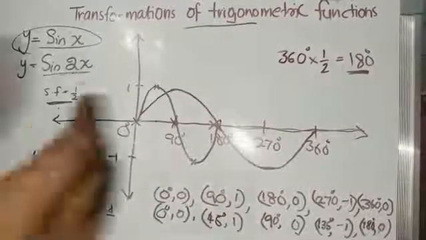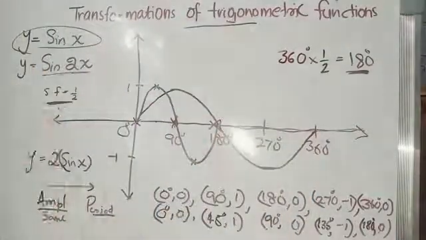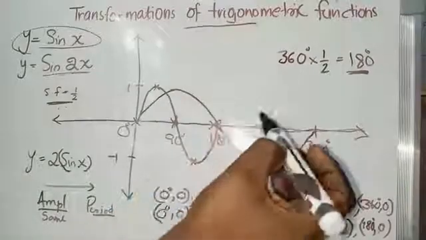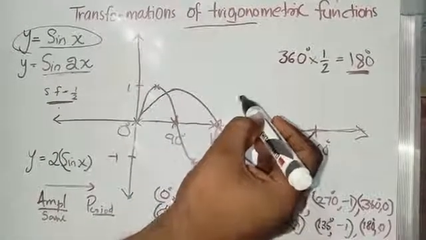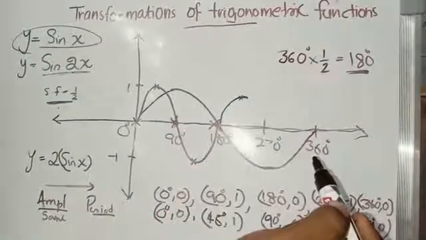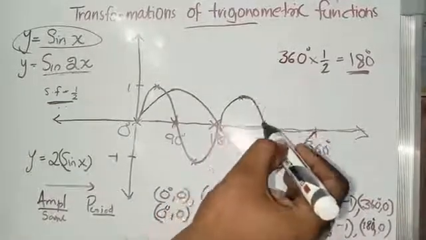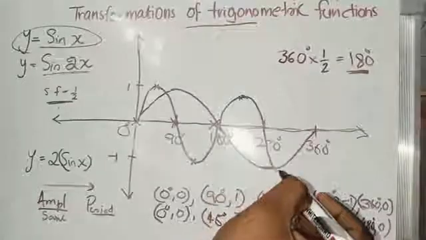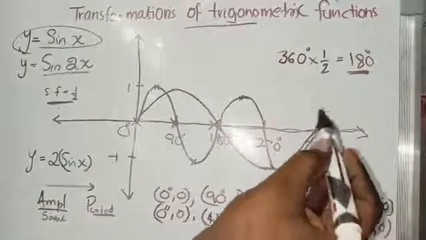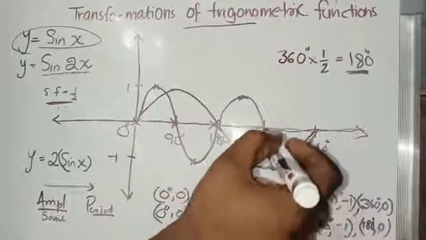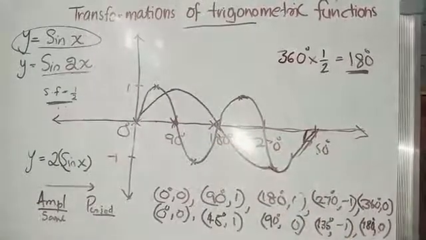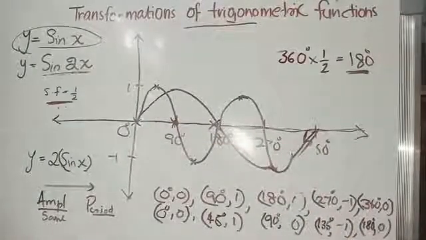See, our graph is stretched, isn't it? When you continue this graph, the next point will be 1. Next comes here, next comes here. So the graph changes in such a way.